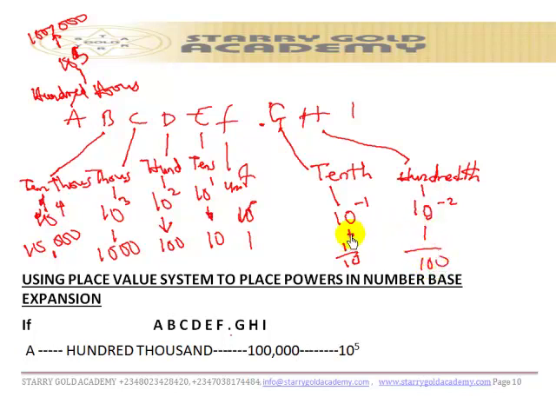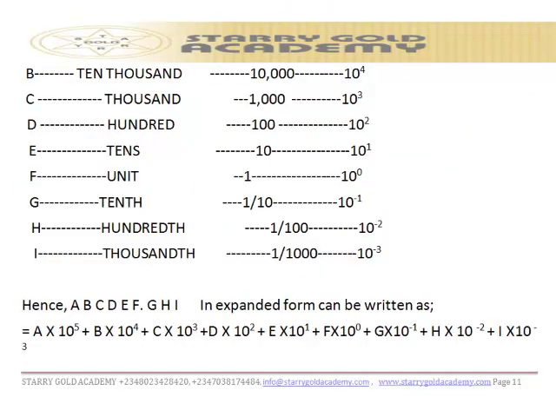Thousandth carries the power of minus 3, and that's 1 over 1000. Now you have seen the relationship between numbers, especially when they have a decimal point. And why am I taking you here? I'm taking you to this place because we are about to expand a number with a decimal point.